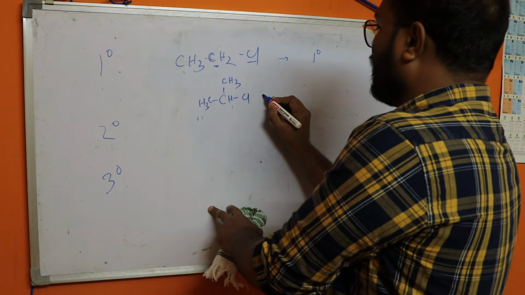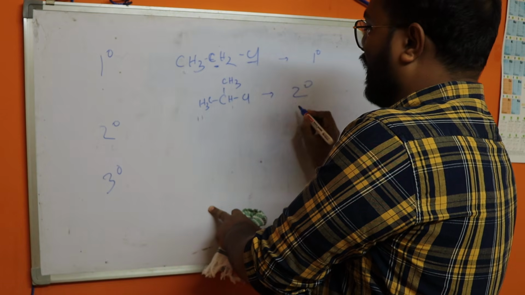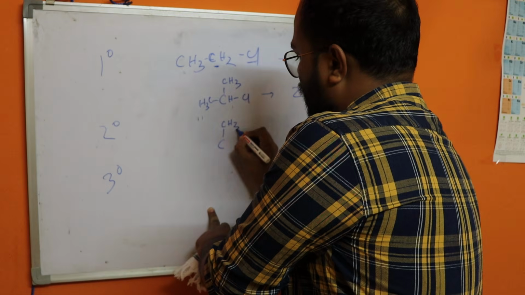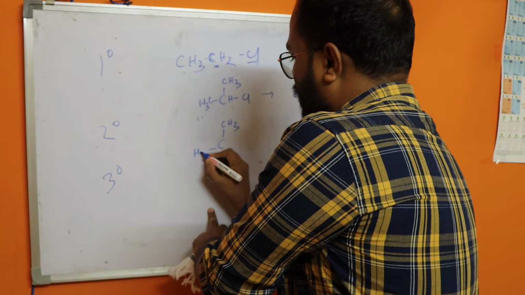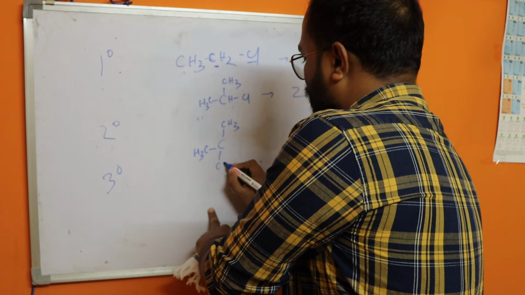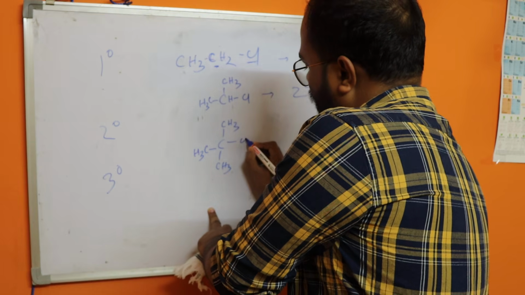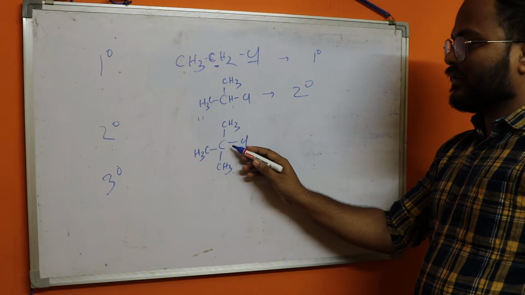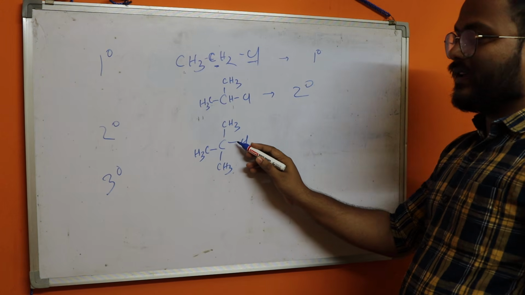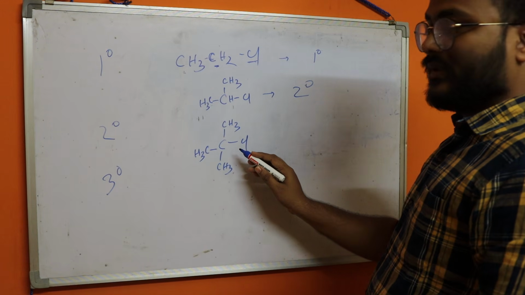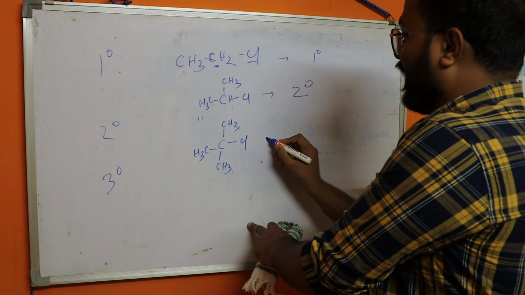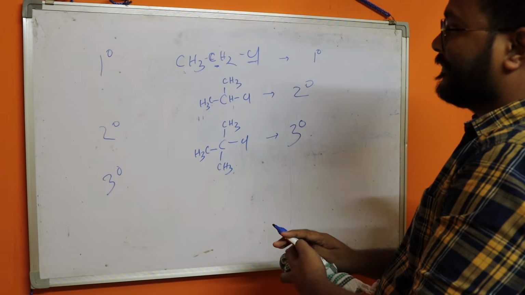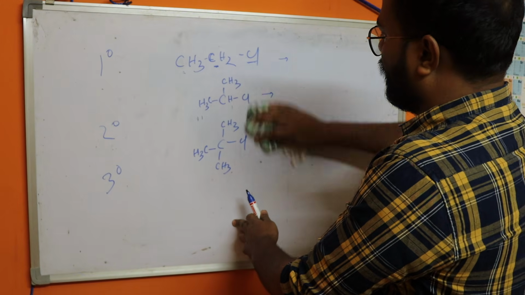So this one will be a 2 degree haloalkane. But in this case, the host carbon is connected to 3 other carbons, right? So this one will be named a 3 degree haloalkane, right?